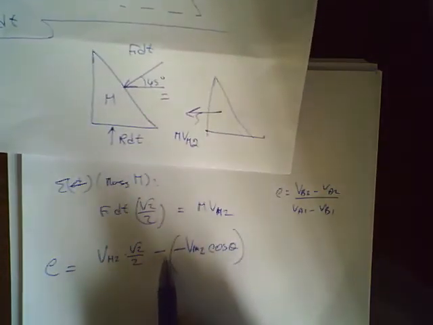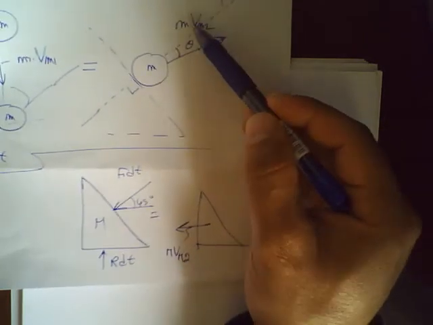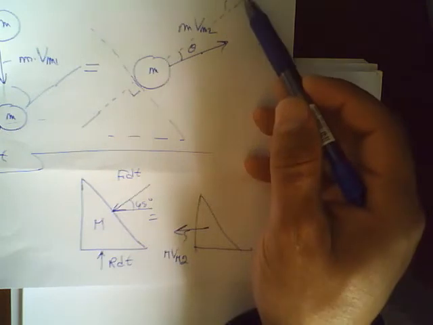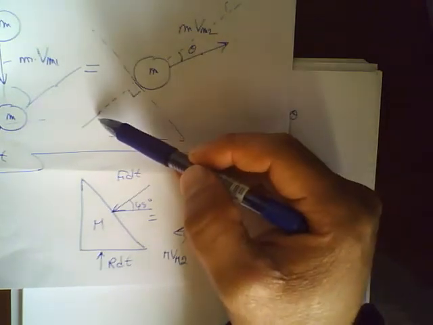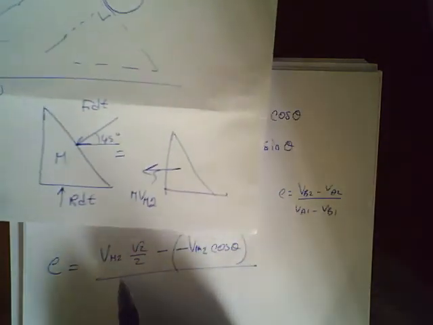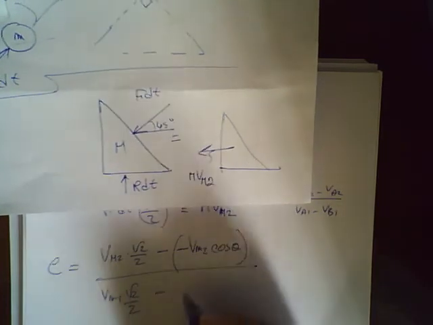The reason why you have that is, first of all, I'm projecting this velocity on the line of impact, but because this is opposite to my positive sign, which I'm assuming right to left is along the positive direction of the line for the coefficient of restitution, then this guy is going to be minus, divided by VA1, the ball that is hitting. So VM1, projecting this guy along the line of impact, square root of 2 over 2, minus VB1, which is 0.